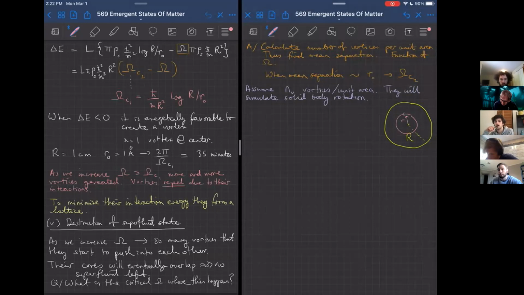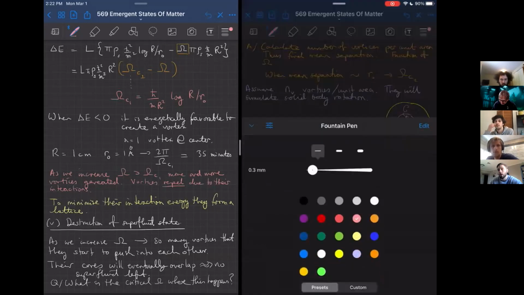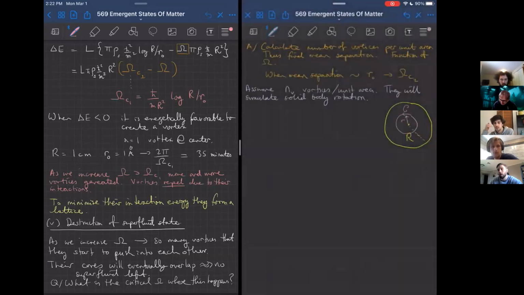I have some curve like this, and I'm going to compute the average velocity at that distance r. So I've got a bunch of vortices in here, which I'm not drawing, and we're going to find out what is the effective velocity for those vortices. So let's write it down like this.